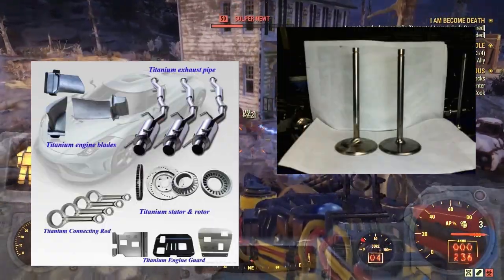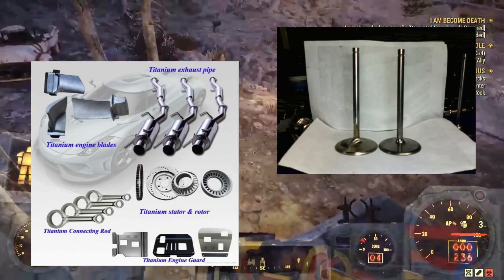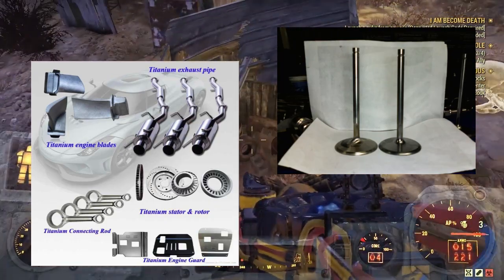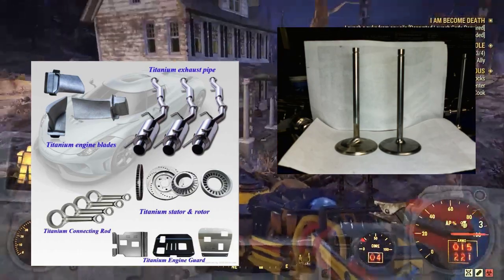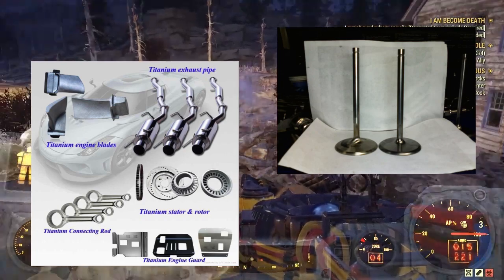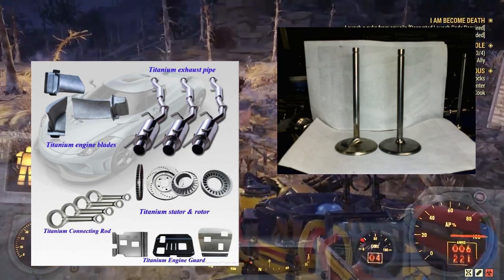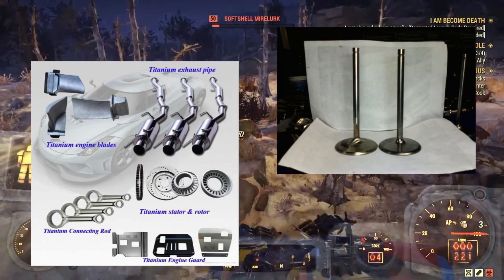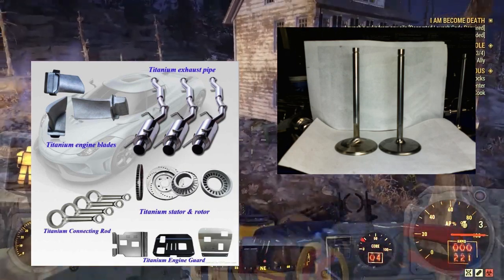And the last metal obviously being titanium. Like I said, believe it or not, titanium actually is used in different parts that go on an automotive engine. Usually, it's more racing team stuff.